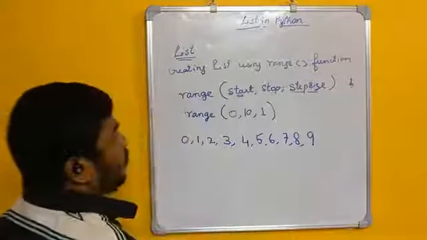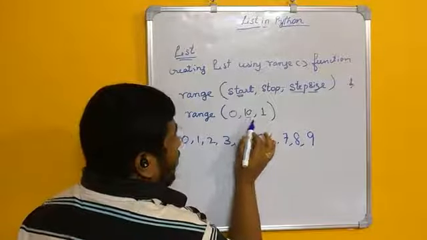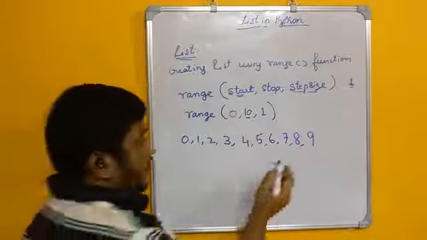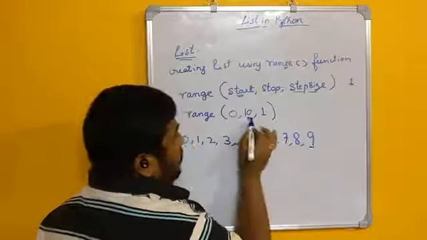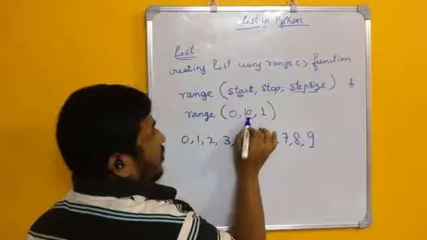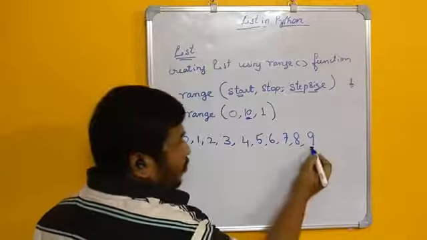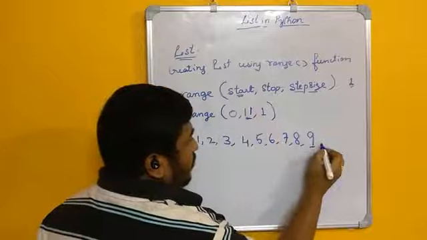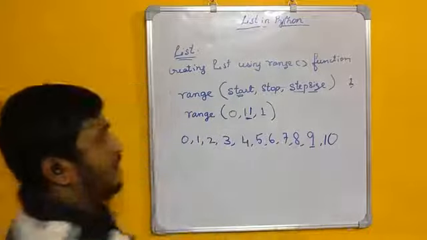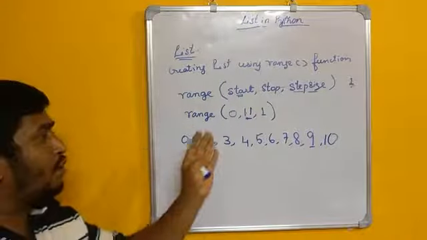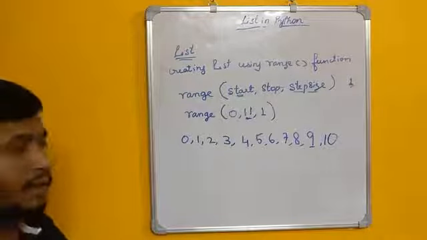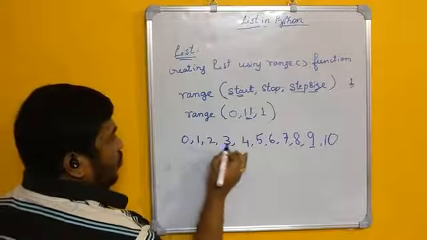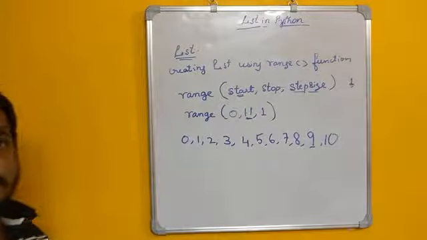I have already told you, the stop is the element; it will take the number one prior to this argument 10. So we will print till 9. If it is 11, then we can print 10. So one number prior to that stop. And step size is 1, so the difference is 1: 0, 1, 2, 3, 4, 5, 6, 7.